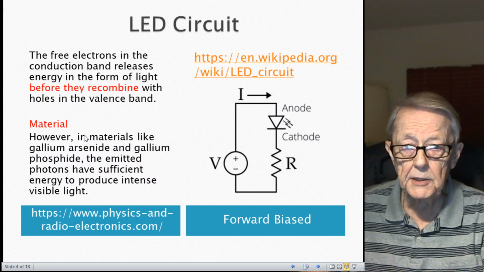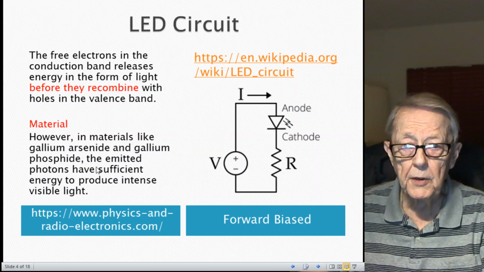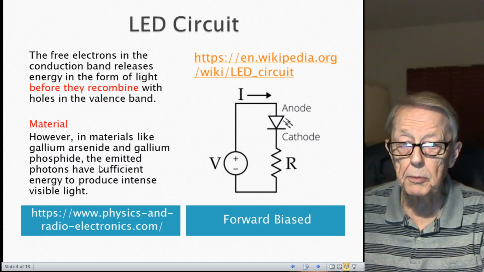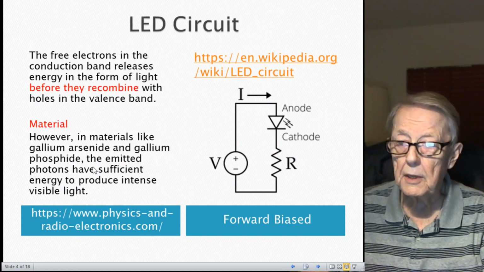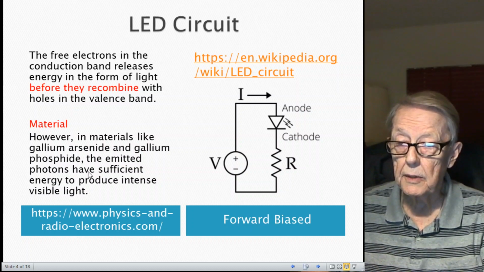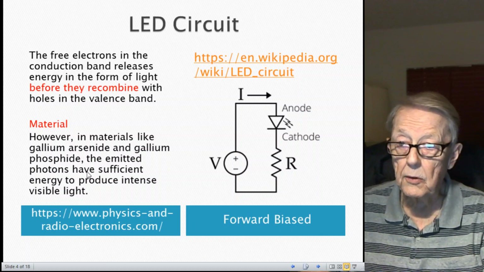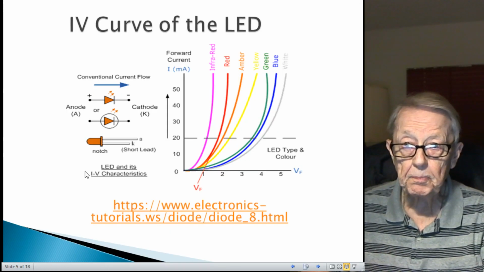In this case, the material is gallium arsenide or gallium phosphide, and the emitted photons have sufficient energy to produce intense visible light. A lot of this has to do with doping, and all I can do is tell you what they say because I'm not an expert in how diodes are doped.